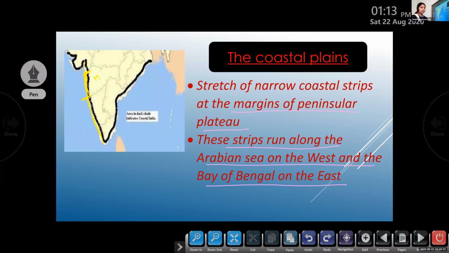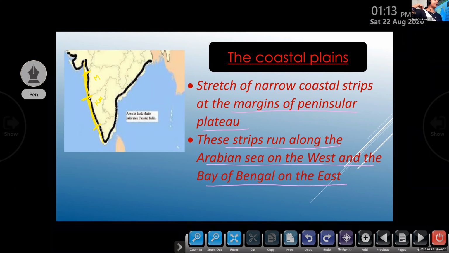And second division is Kannad Plain or Kannad coastal area. The state is Karnataka and this part till here. This is Kannad Plain, the coastal plain. Third one is Malabar coast. All of you are familiar with the word Malabar coast, right?